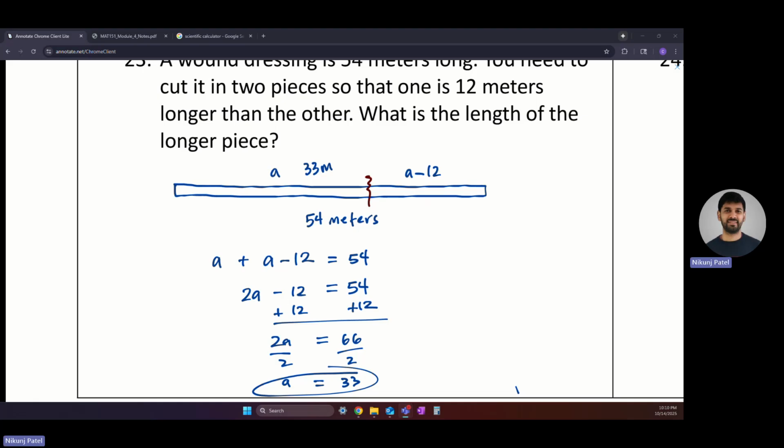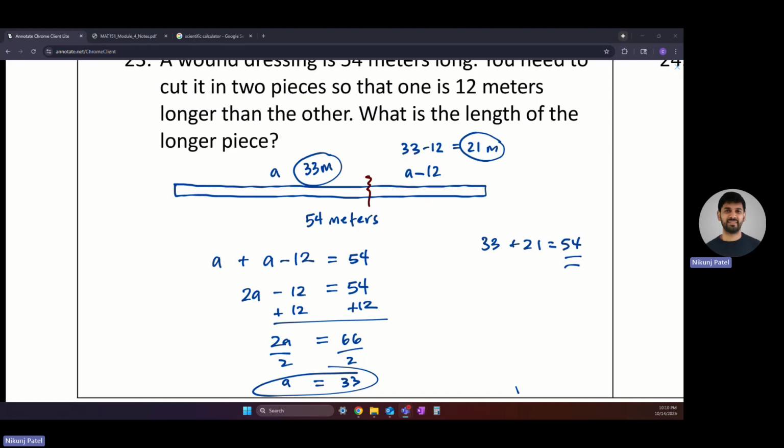And now, if the longer piece is 33 meters, then the other piece has to be 33 minus 12, or 21 meters, right? 33 and 21 are the two lengths, right? 33 plus 21, just to make sure, is still 54.